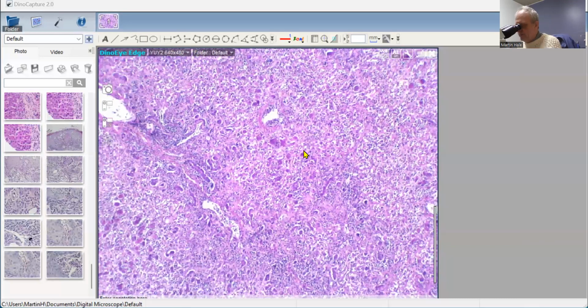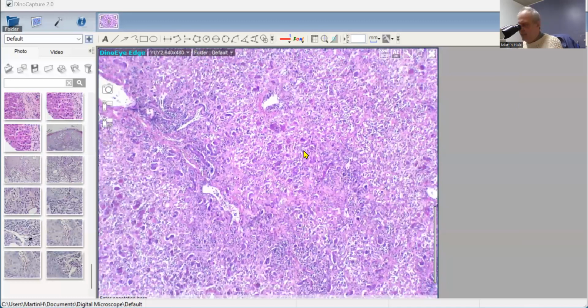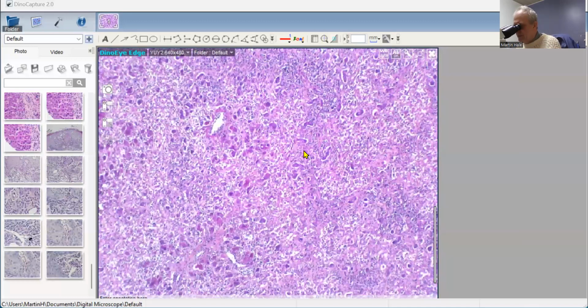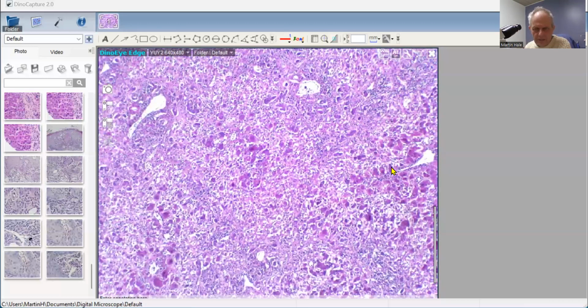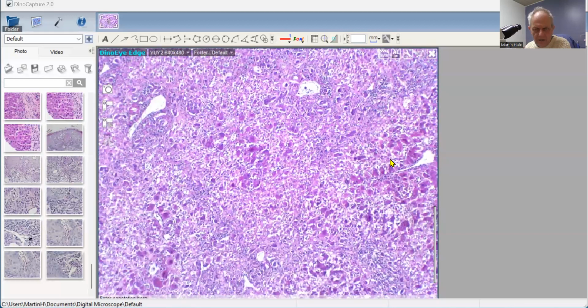So what we've got is a very busy looking liver. And you can see, in fact, that there's extensive loss of hepatic parenchyma. So here we've got these foci of hepatocytes, another focus of hepatocytes there.